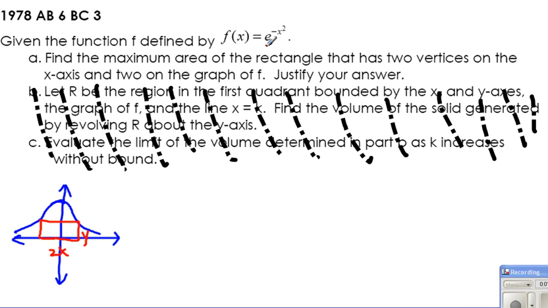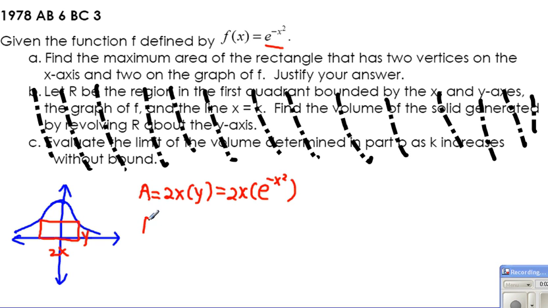But y, we know to be this value. So for the maximum area, once again area will be equal to 2x times y. Since y is equal to that, we get 2x times e to the negative x squared.